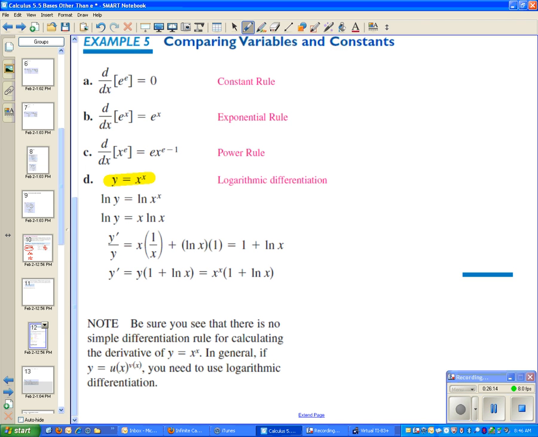Because we can handle it if the base is x and the exponent's a real number. We can also handle it if the base is a constant and the exponent is a variable. But what we can't handle is when the base is a variable and the exponent is a variable.